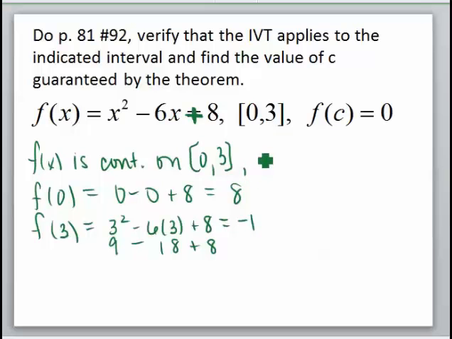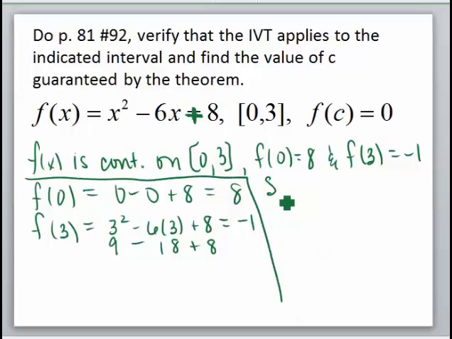So f of 0 equals 8 and f of 3 equals negative 1. Since negative 1 is less than 0, less than 8, IVT applies.